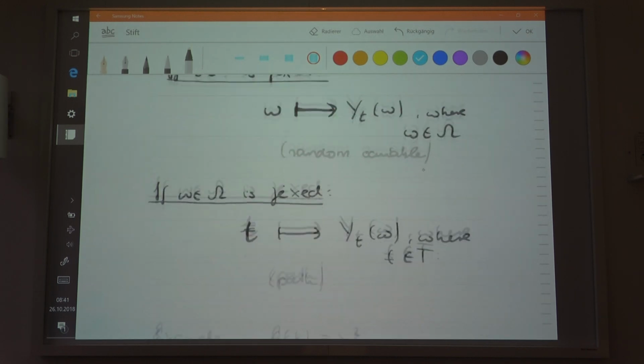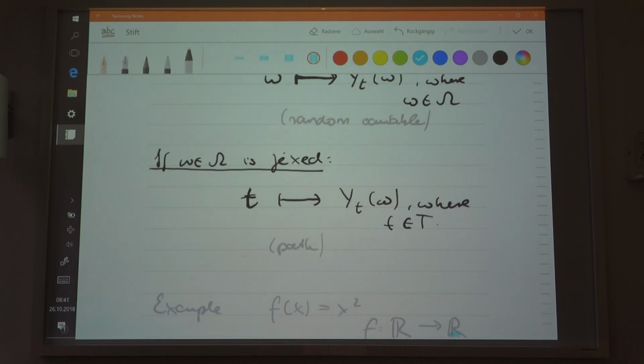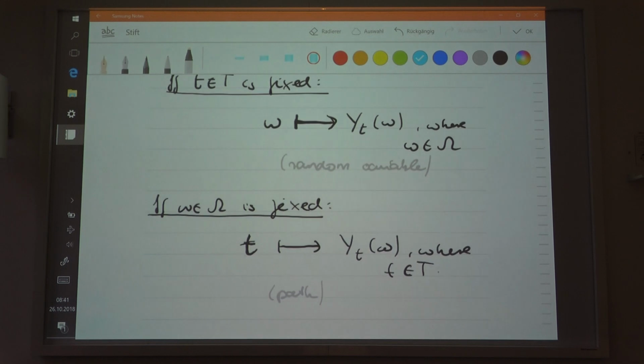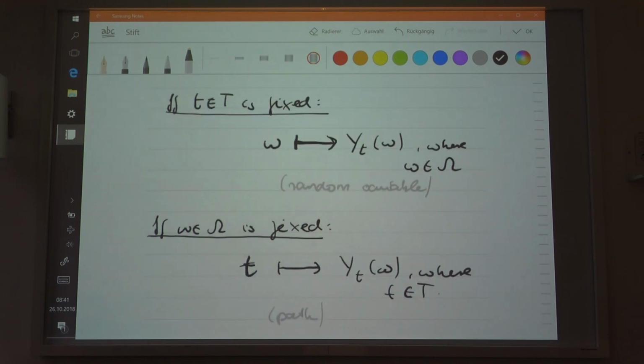So if you assign certain elements from omega to this element, then basically you have a function. I'm going to add this here, sorry. So you have a function that maps elements from the sample space to the set of real numbers, so this is the random variable in this case.